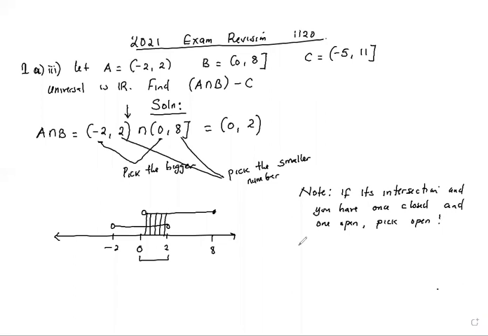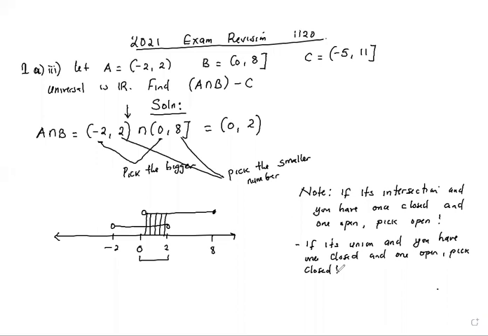Okay? But if it's union and you have one closed and one open, pick closed. Obviously, we'll have more examples. We'll have one where there'll be union later as we move. So let's move. So this is A intersection B.